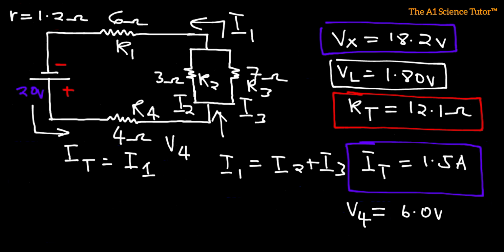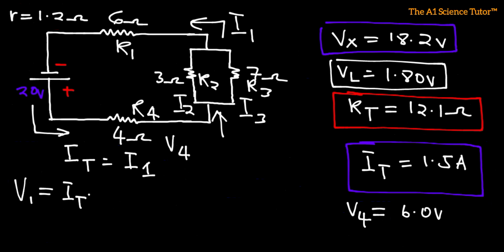If we are able to tell that, then we would be able to find the current over R2 as well as the current through R3 very easily. So let us try to do that. Now we know that V1 is going to be I1 or IT, which is the same thing, multiplied by R1.